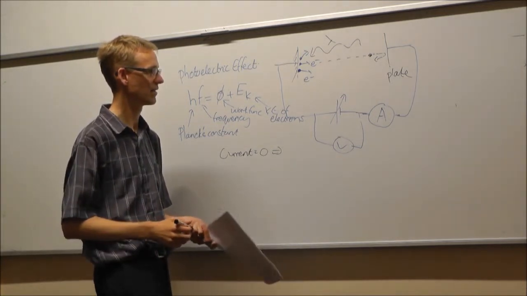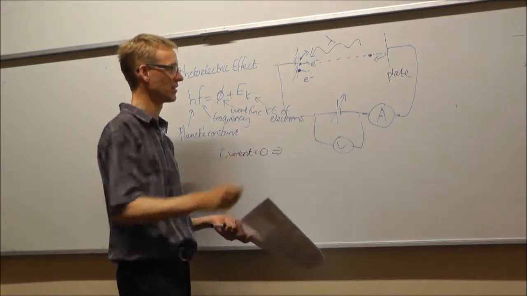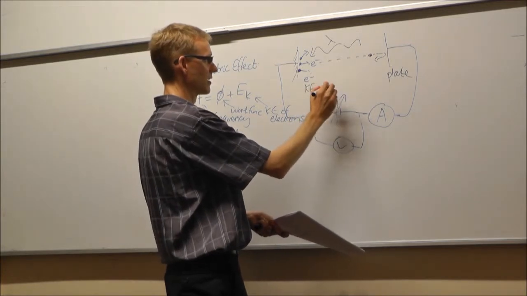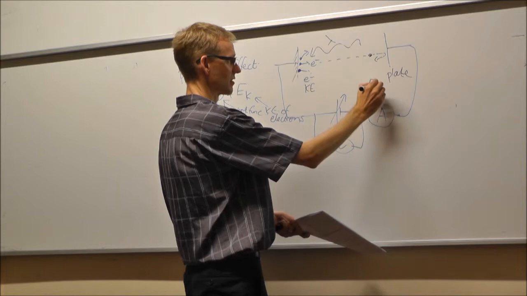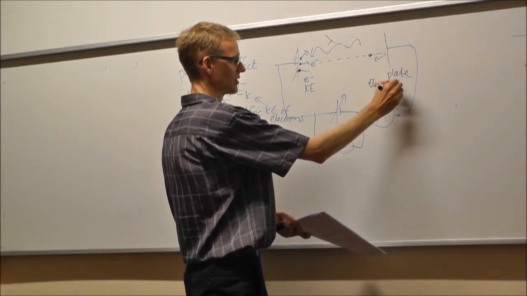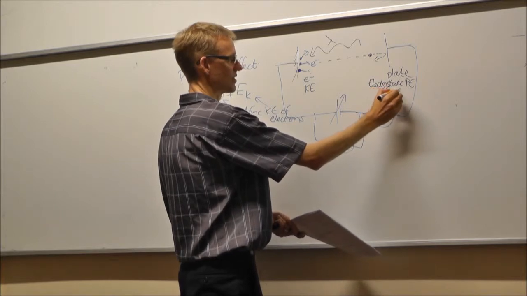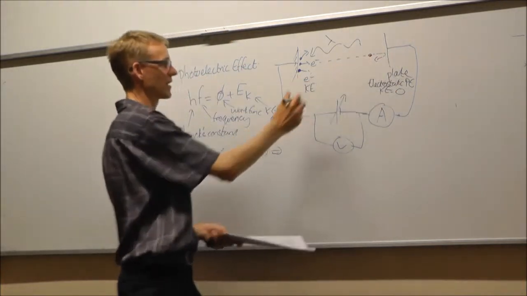Of course, as the electrons leave, they've got kinetic energy. As they get here, they've now got electrostatic potential energy, and kinetic energy equals 0 because they've been brought to rest, and then they're off back again.